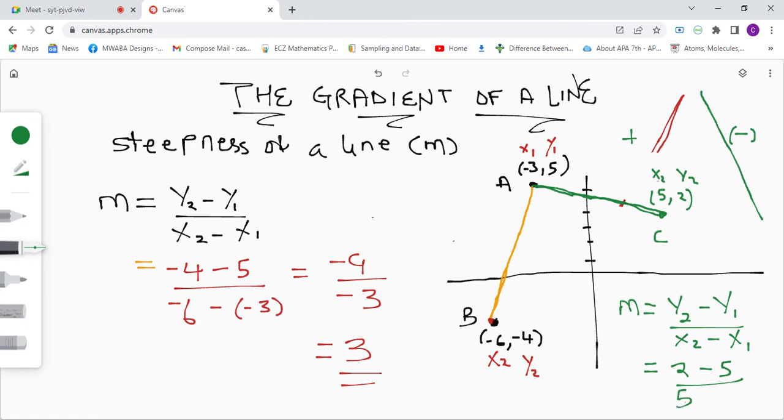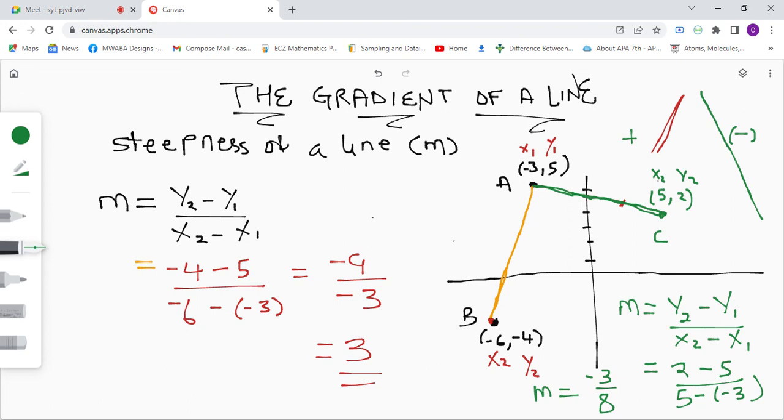So 5 minus -3. 2 minus 5, we get -3, over 5 minus -3. These two negatives become positive, so it's 5 plus 3, we get 8. So our gradient is negative 3 over 8. As you can see, it is a negative gradient.